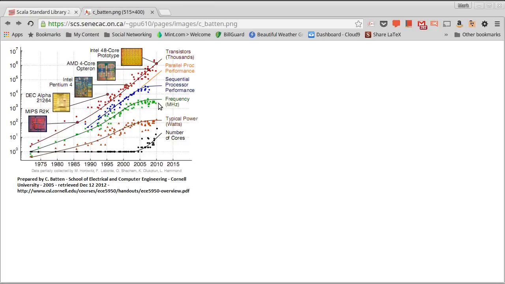However, the performance of processors has continued to improve, and the way that has happened, so during this regime, prior to 2005, performance got better because the clock speeds increased. Starting in 2005, you'll notice that the number of cores on a chip started to increase. So here's an example of an AMD Opteron, which had 4 cores on it.